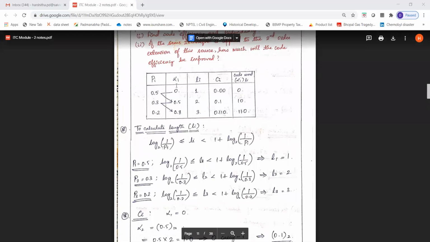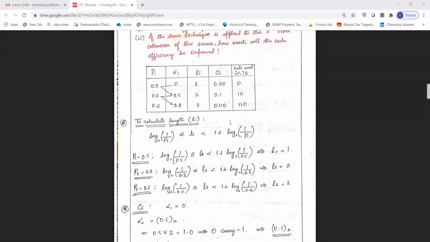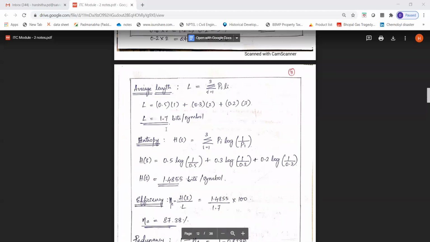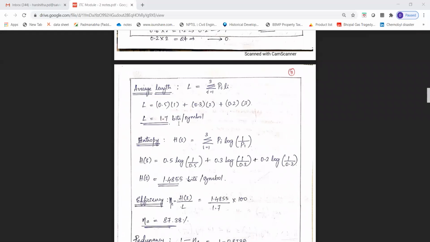So I'll be multiplying both the probability and the length respectively. The summation is from i equal to 1 to 3 because there are 3 different symbols. So substitute the 3 values of probability and the length and calculate. You'll get the average length as 1.7 bits per symbol.